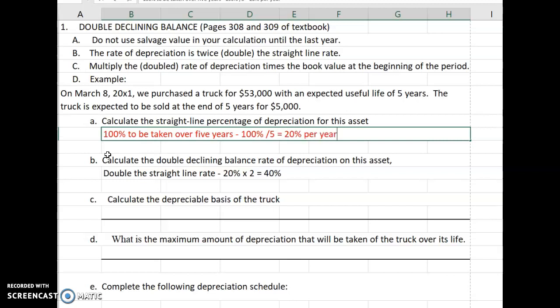So if we were to calculate straight line depreciation, we would be taking 20% of all the depreciation that's allowed on the asset each year.